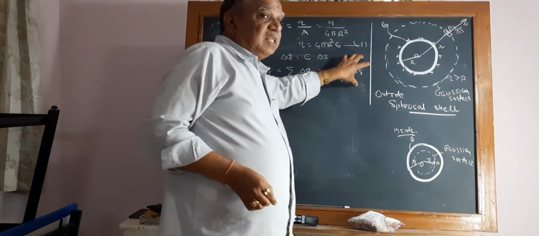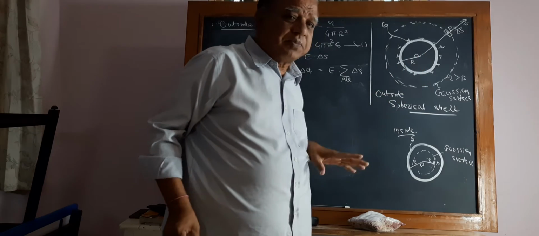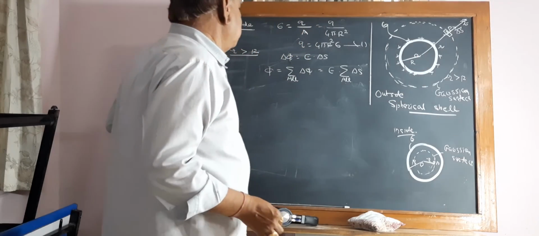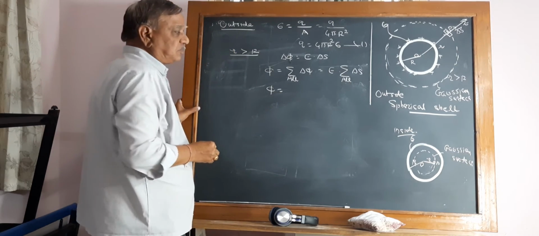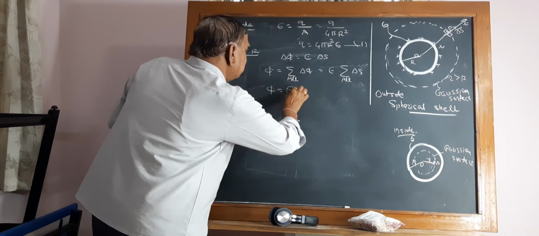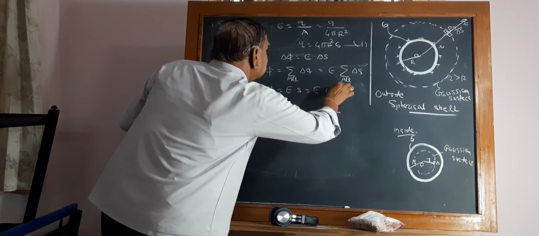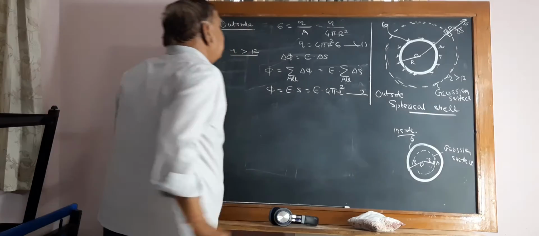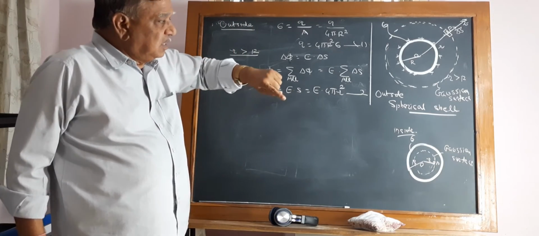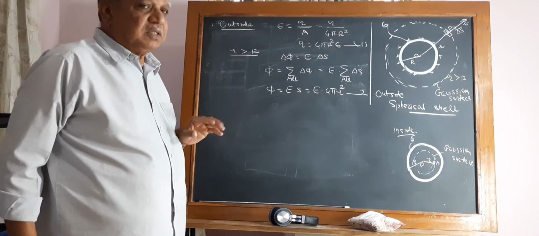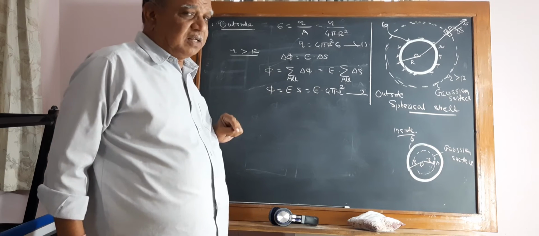But here delta S is nothing but the surface area of the sphere. So phi equal to E into S, or E into 4 pi r square. The flux associated with the spherical surface is E into 4 pi r square.